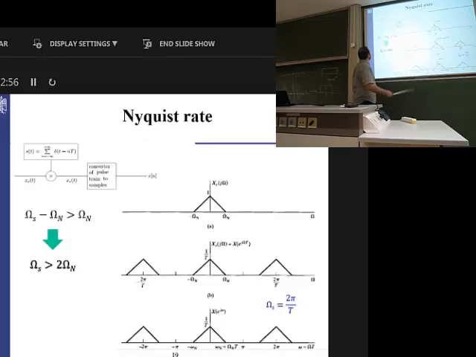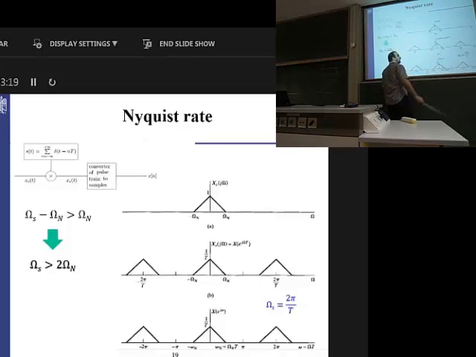So for example, here we have ωs, which is 2π over T, so here should be ωs minus ωn. The condition is that ωs minus ωn, which is this point, should be bigger than ωn, such that we have a kind of guard band here.